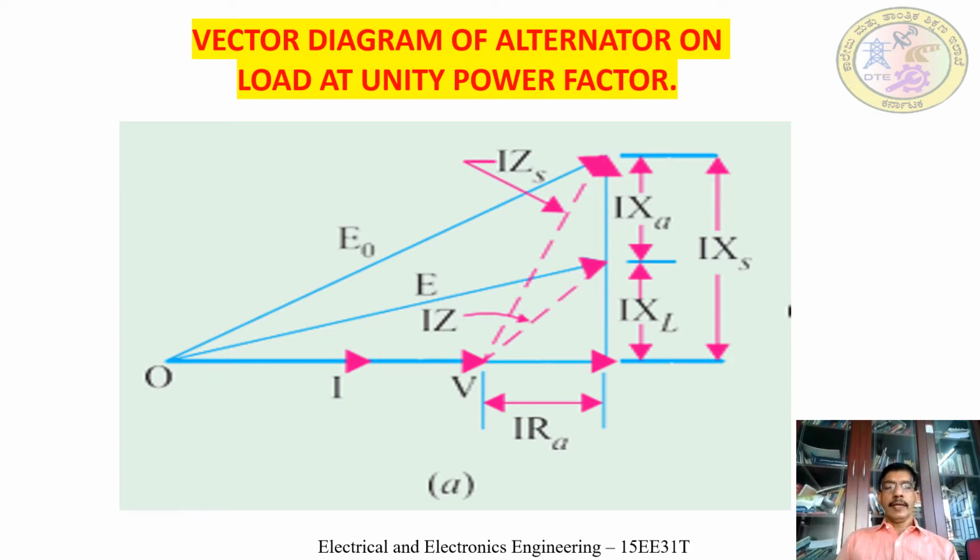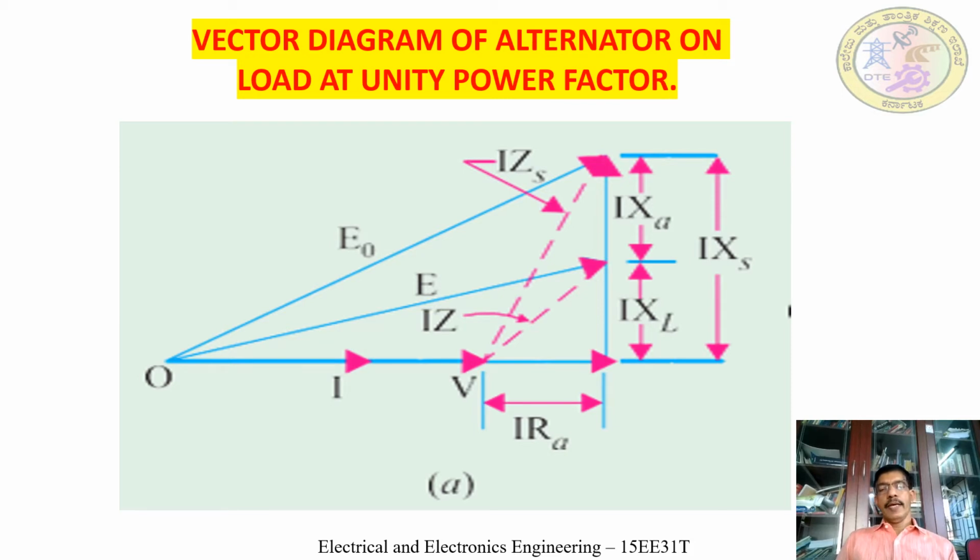In this vector diagram, you can see current here on the x-axis, with voltage also in phase with it. If we add armature resistance drop, that means I into RA, where I is the armature current and RA is the armature resistance, it is in phase with the armature current I. So add IRA drop to the V in the same phase.